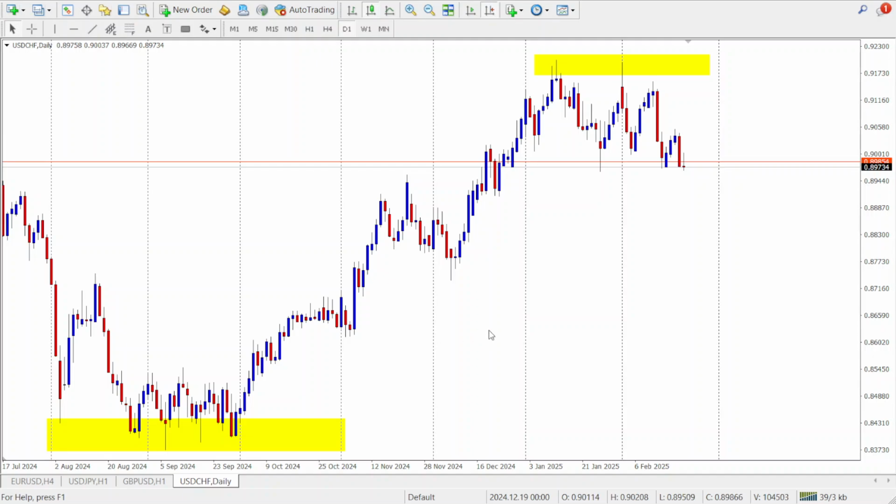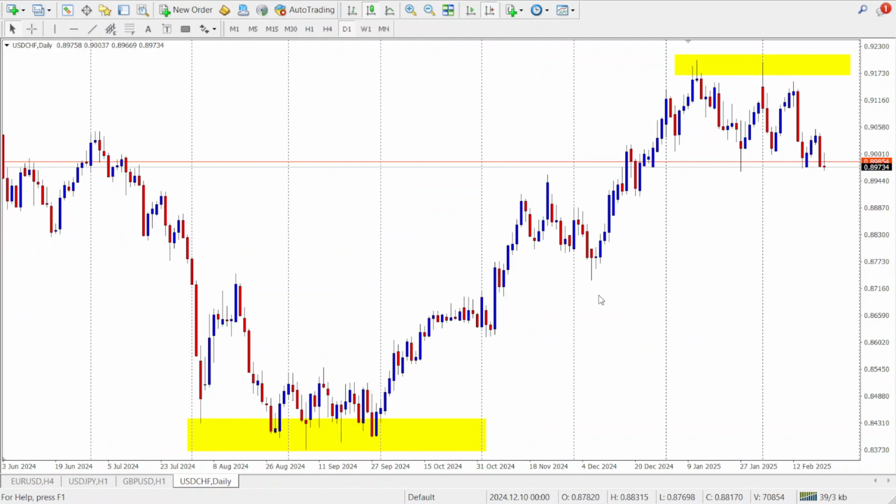Now, flip zones occur when price reacts to these key levels but then reverses or flips in the opposite direction. So these areas often signal a strong market reversal. For example, when price hits a demand zone but fails to go higher, it can flip and head back down.